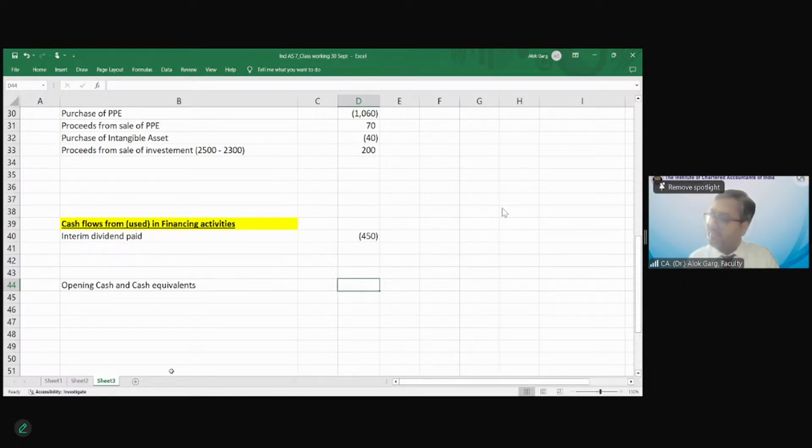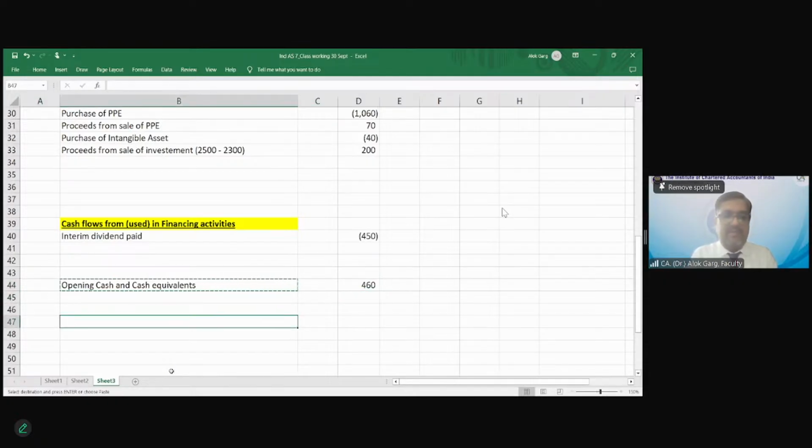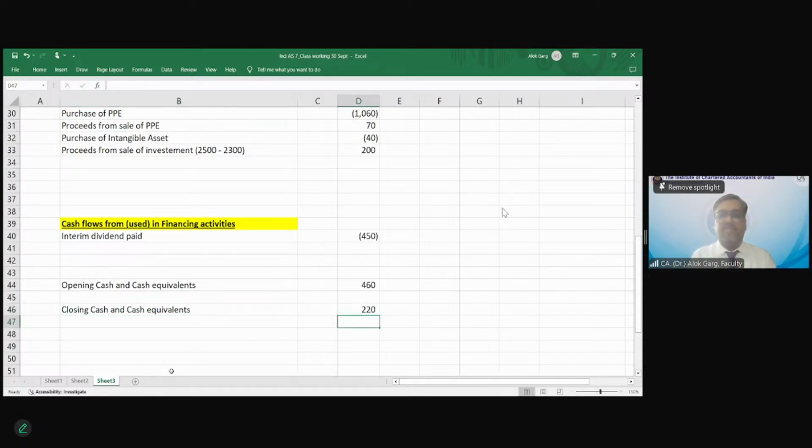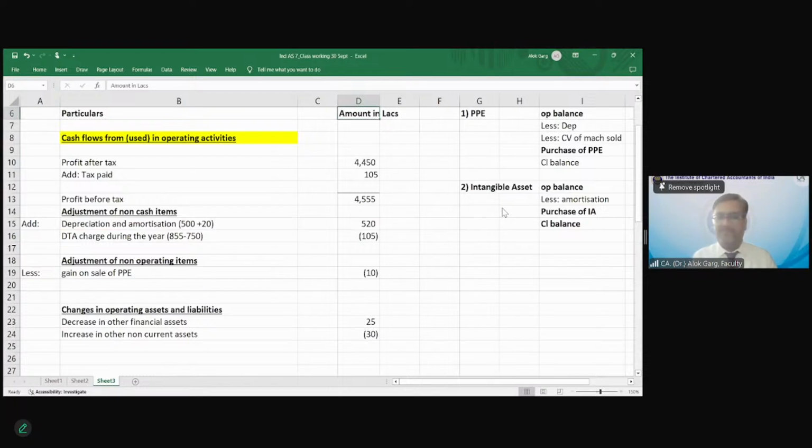Devrat? 460. Opening is 460. Closing cash and cash equivalent is 220, right? I've just written here, I have not done anything. I'm just taking all the balance sheet items.